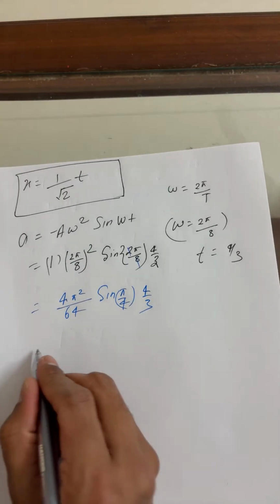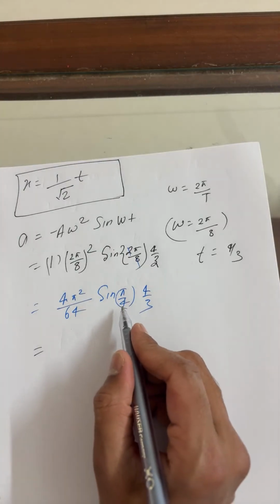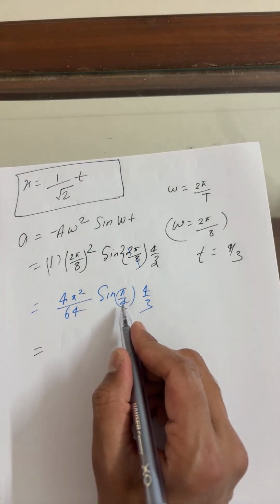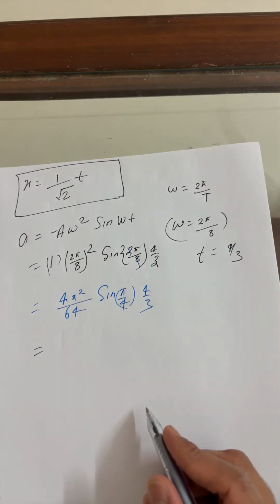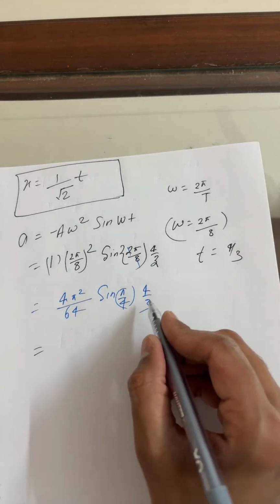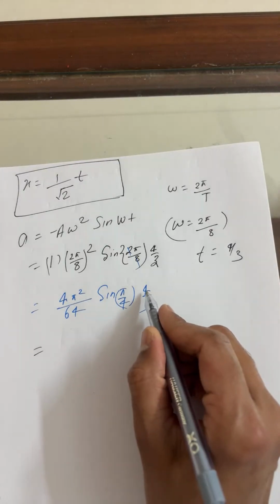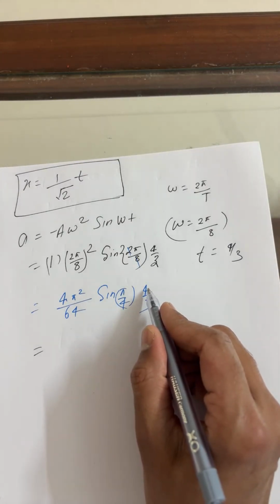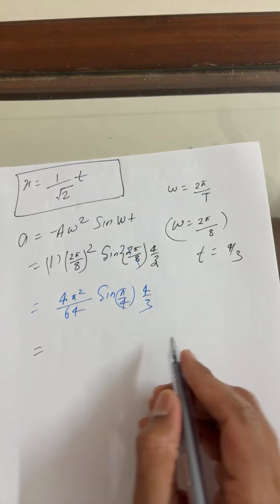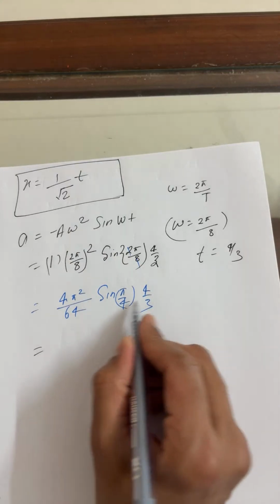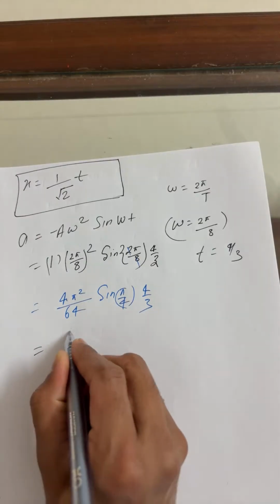So you can easily see, sine pi by 4, how much? Can you see this is the angle here? So it cancels, it's an angle you can treat entirely.